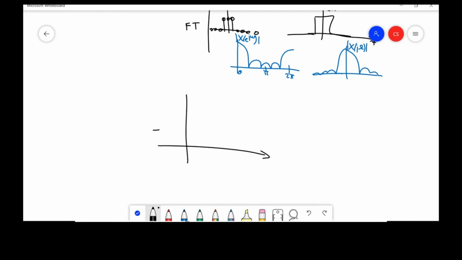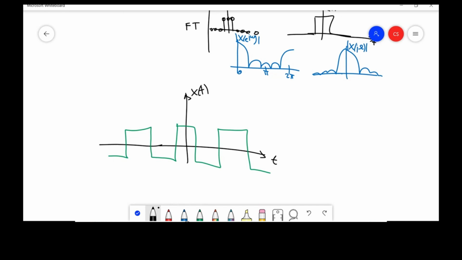I will put the signal now in green to distinguish it. It is periodic. So this is time, and this is x of t.